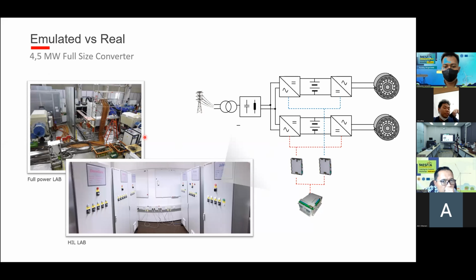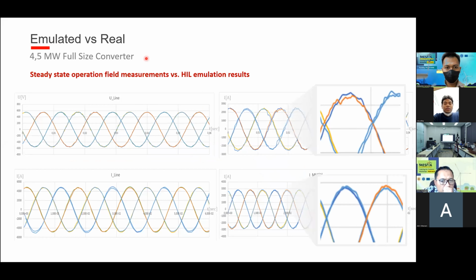Then we ran them side by side to compare the results. In steady state, you can see that the waveform from the lab and the Typhoon Hue's waveform are evenly matched. They are close because it is real-time processing, so the fidelity is really high.